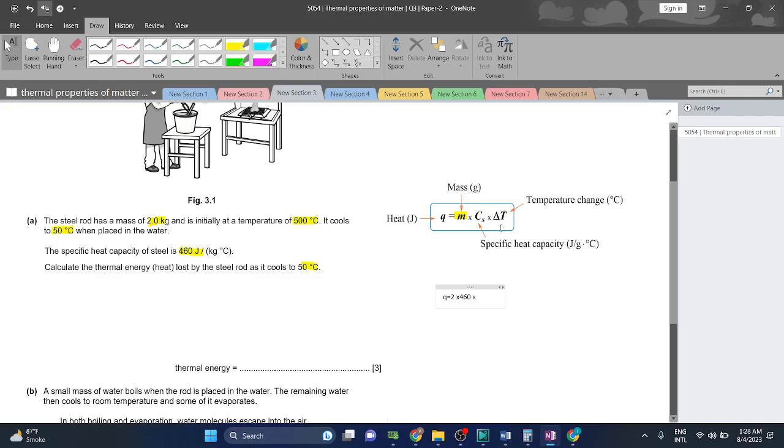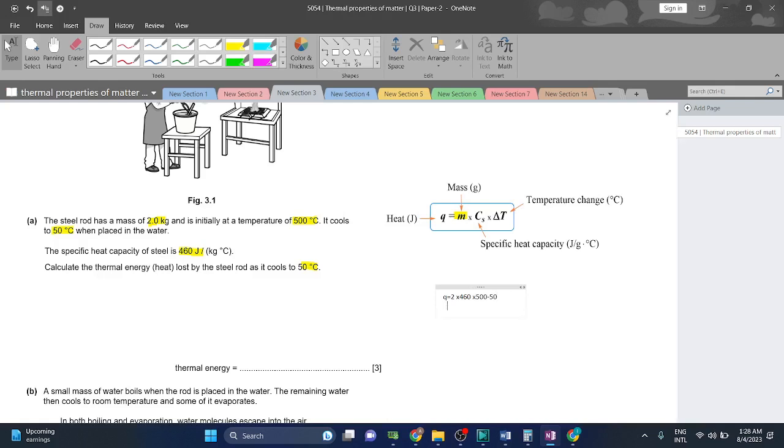And then we have delta temperature. Delta T is the change in temperature. Change in temperature is 500 minus 50. That is the change in temperature.